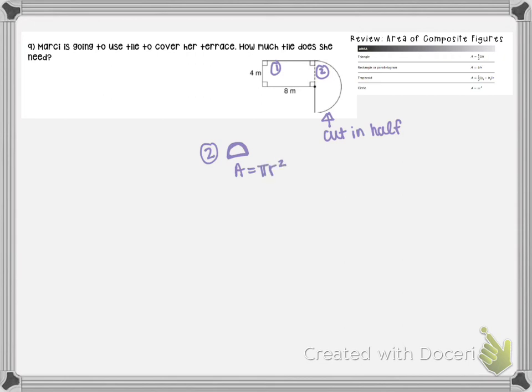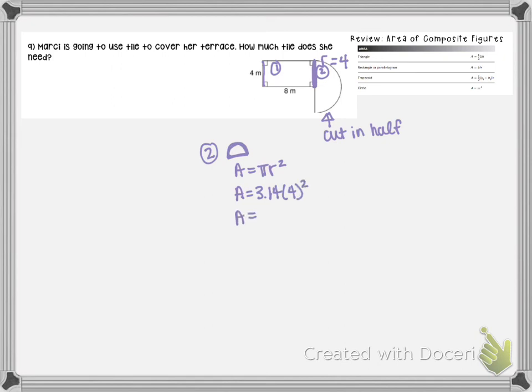area equals pi r squared. Okay, if I look here, halfway through is right here, which is your radius. If this is 4 and this is the same side, then your radius is 4. Okay, so area equals 3.14 times a radius of 4 squared.